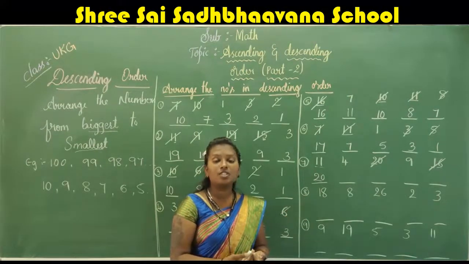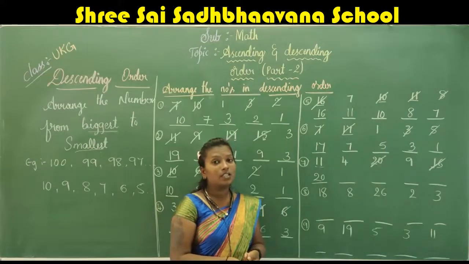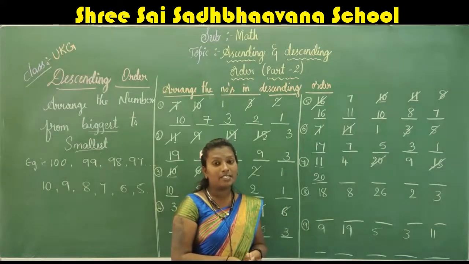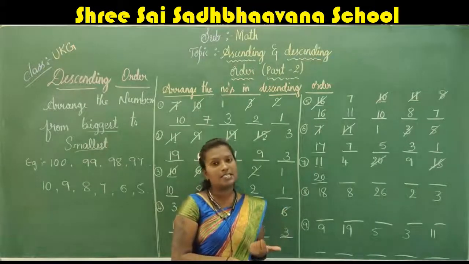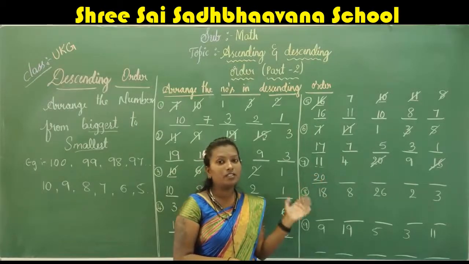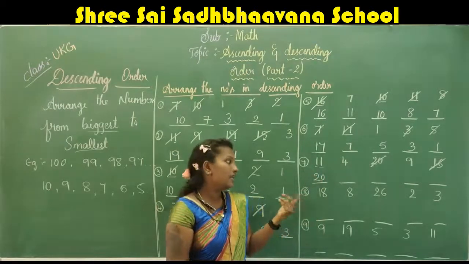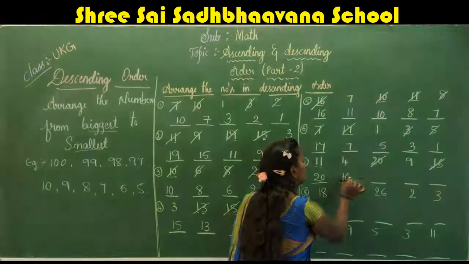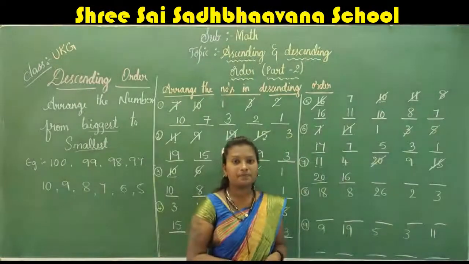And suppose we are doing ascending order, where do we write the biggest number? Yes, at last. Now we are doing descending order, so the biggest number we write from the beginning. Correct? Yes, number 16 we write in the second place.